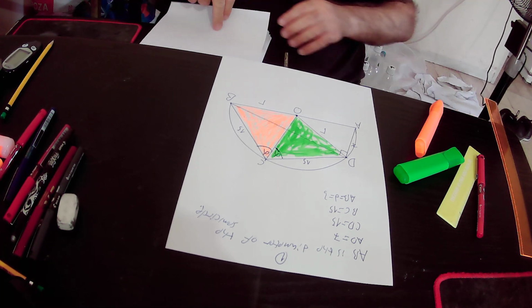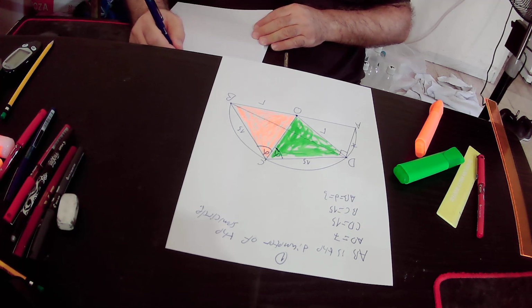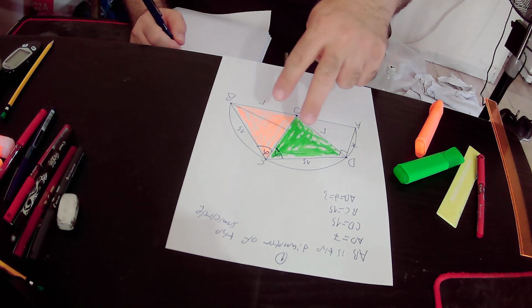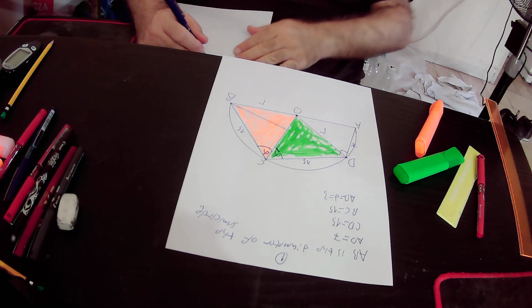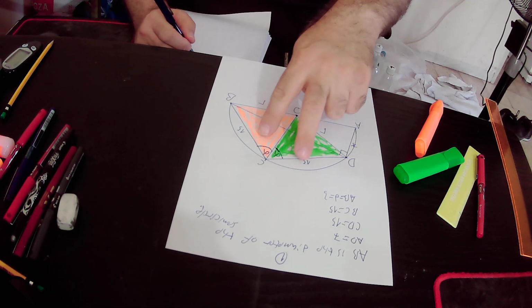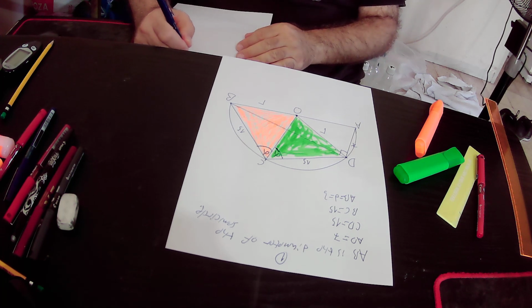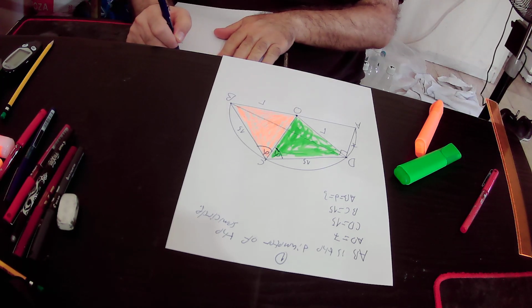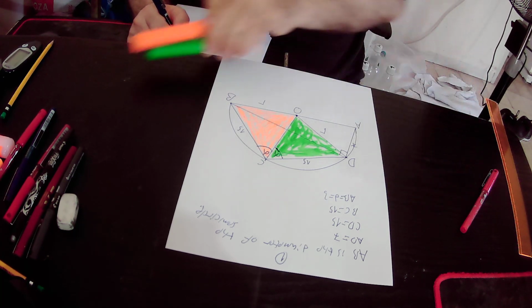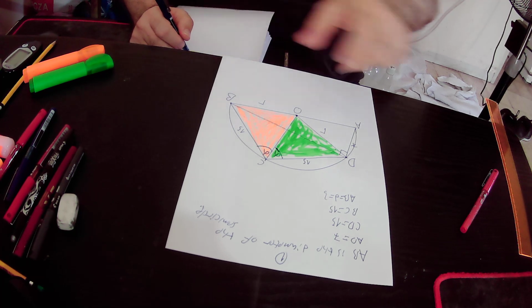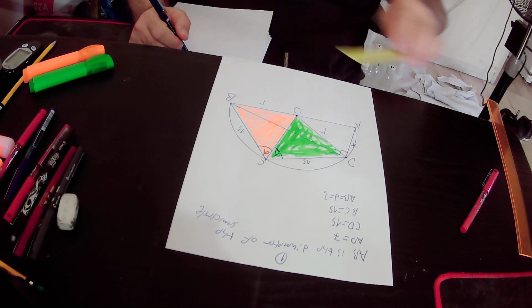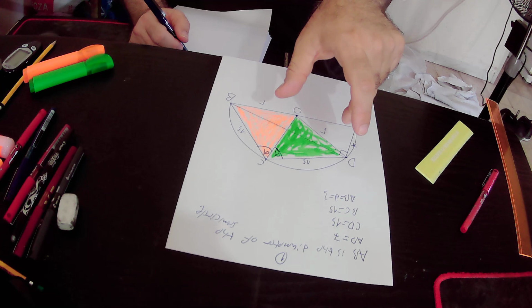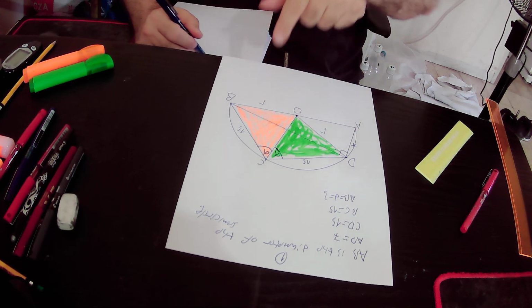In the next step, we focus on triangle DCB. So, in triangle DCB, we know that side DC equals side CB.